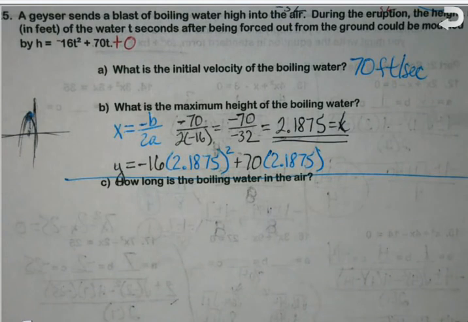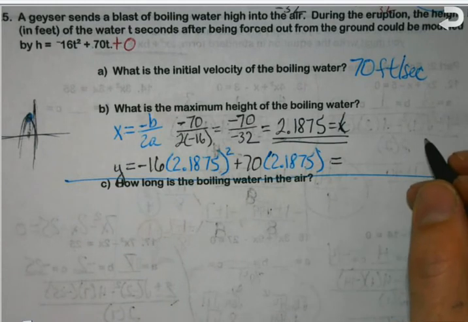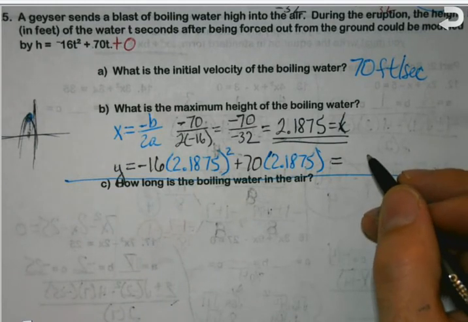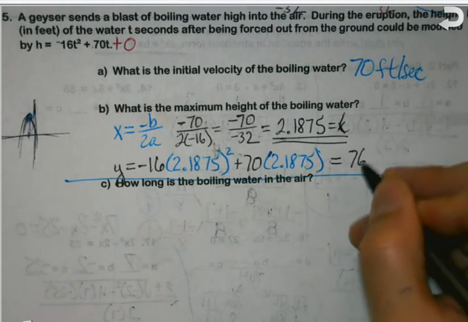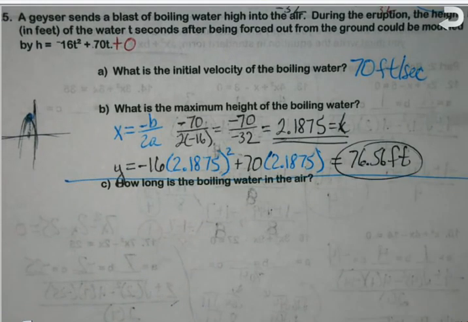And again, this is an actual application, so you're going to get answers that are kind of strange looking, possibly. Yeah, the story problems are our application problems. And so we can figure out how high this goes.